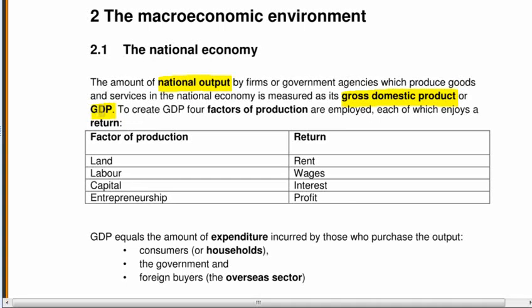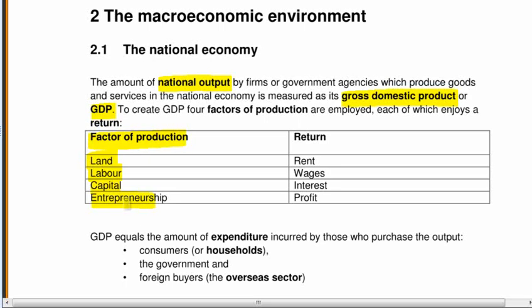And in the world of economics, this output is produced by what are known as factors of production. The things which make these goods and services. Now, in order to make goods and services, according to an economist, you need four things. You need land, labour, capital, and entrepreneurship.